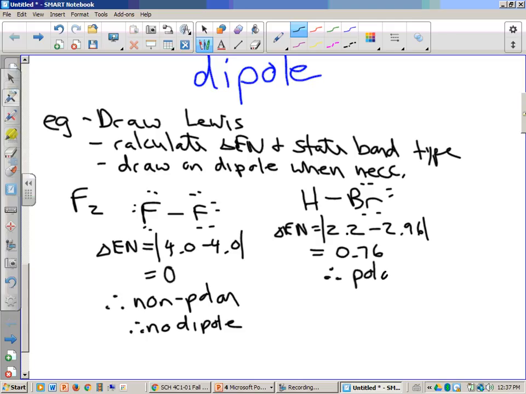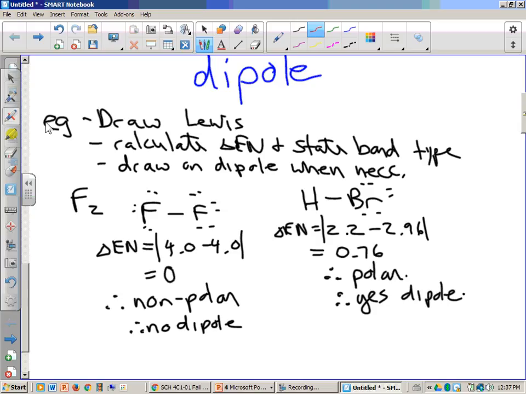If it's polar, it means there has been a shift. Is there a dipole in this? Yes. If it's polar, there's a dipole. Which direction, towards which atom, will I point the arrow? Yep. Why did you say bromine?